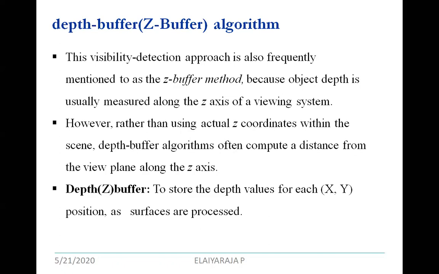Why? Because the object is usually measured along the z-axis of the viewing system, and the distance. However, rather than using actual z coordinates within the scene, the depth buffer algorithm often computes the distance from the view plane along the z-axis.